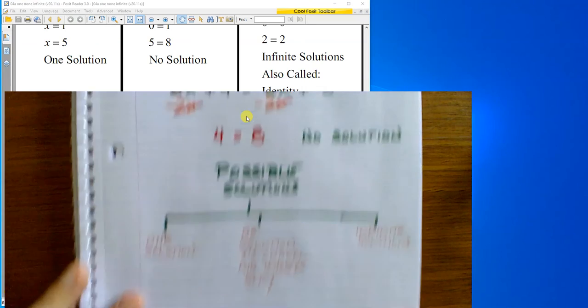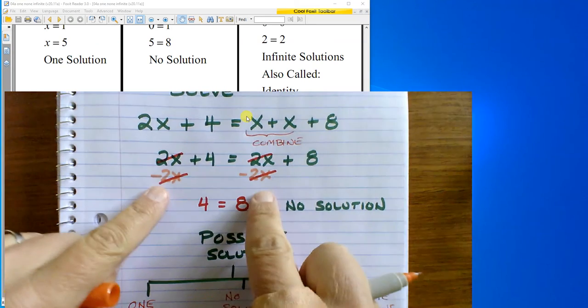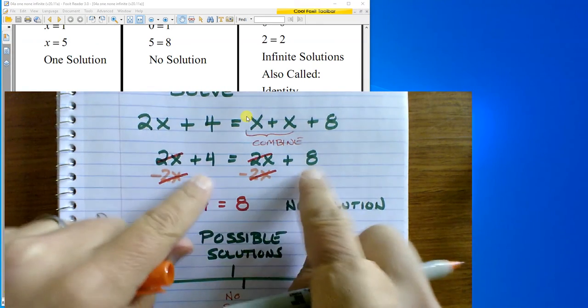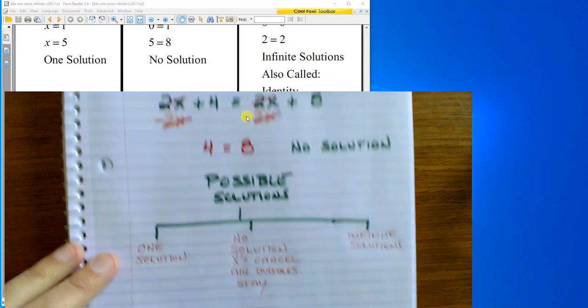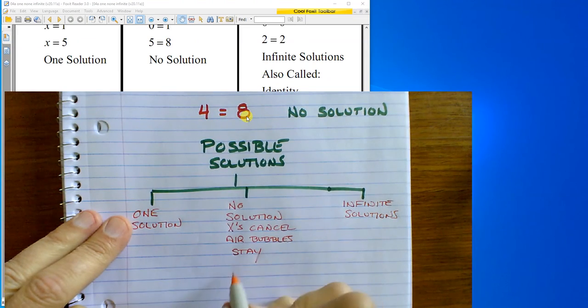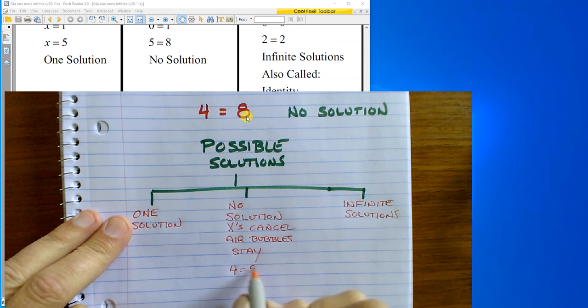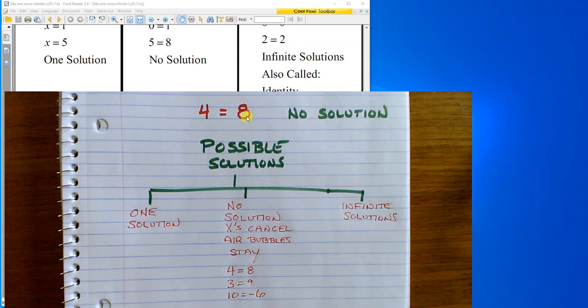And that's what happened here. We noticed that the x's are all gone, but the constants are still here. So examples of this would be things like 4 equals 8, 3 equals 9, 10 equals negative 6. Those are examples of no solutions.